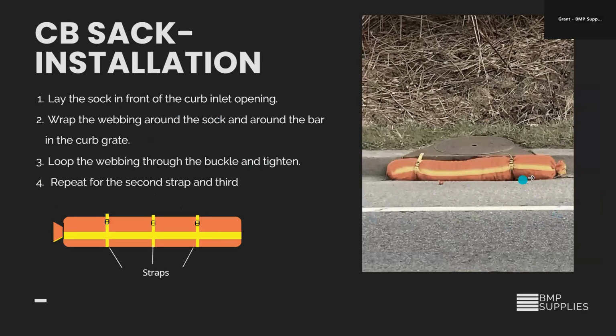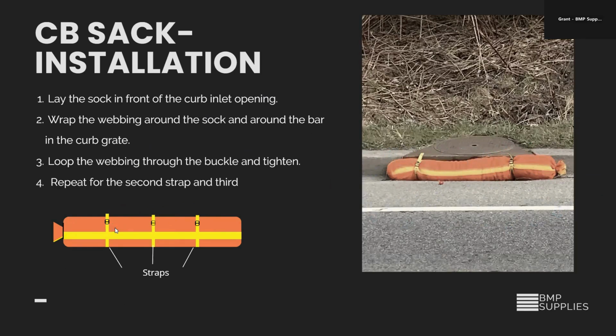And then lastly, our curb inlet filter. This goes on the curb side of the storm drains. Some of these curbs will have this unique storm drain at the side of the curb. They come with 3 straps. The design is to appease different municipalities.